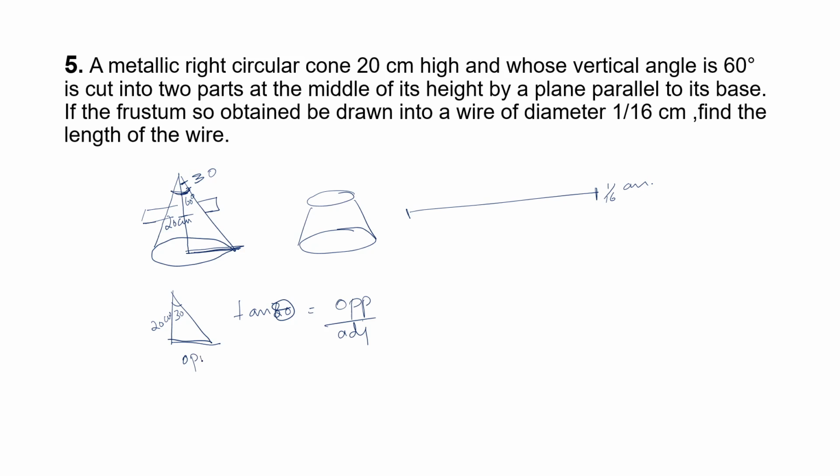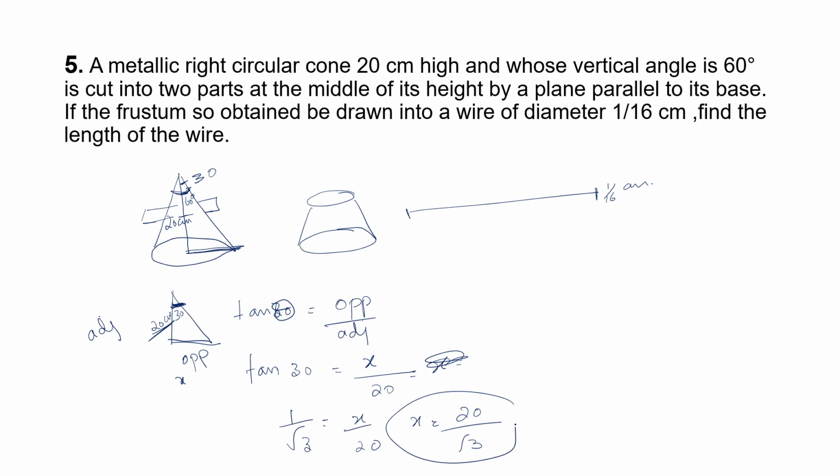If you are finding tan 30, suppose I take the opposite side as x, and the adjacent side length is 20. So tan 30 is 1 by root 3, equal to x by 20. So x is equal to 20 by root 3. This is the radius.